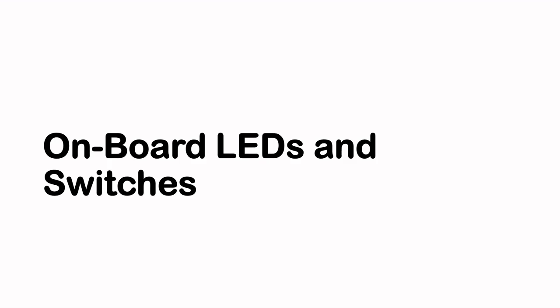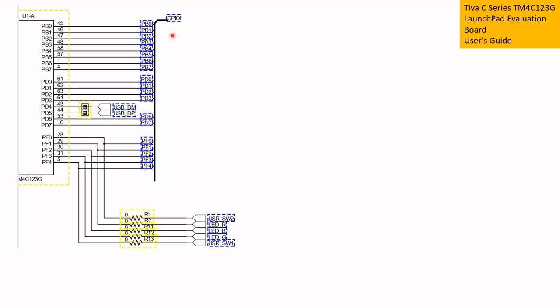The onboard LEDs and switches. Now in this section of the video, I'm going to briefly examine the schematics of the onboard LEDs and switches. Here is the schematic taken out from the LaunchPad Evaluation Board user guide.